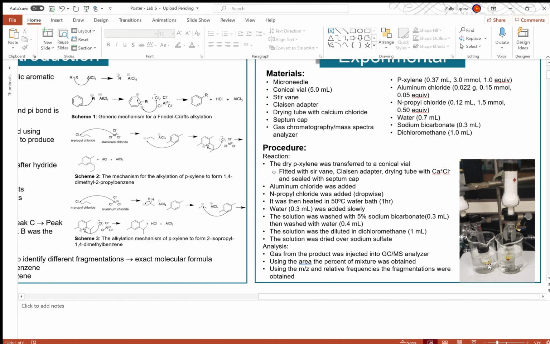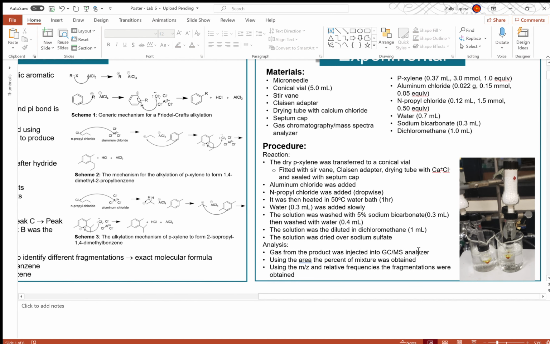In order to obtain the gas chromatography and the mass spectrometry, we took gas 1 centimeter above the liquid product and injected that gas into a GCMS analyzer.